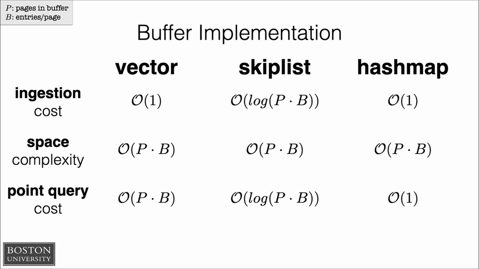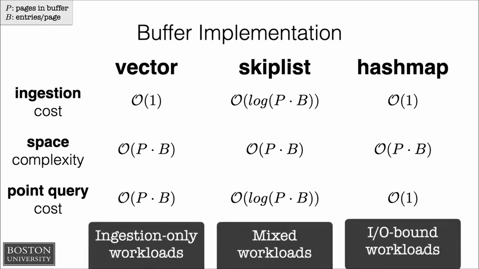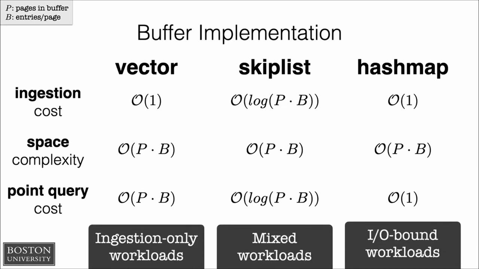Each of these data structures navigates the read-write memory trade-off in its own way, but if we know the workload, we can really choose our best implementation and extract near optimal performance. For example, if I have an ingestion-only workload, or a workload where I do not really care about the tail latency for reads, I might as well go for a vector implementation.